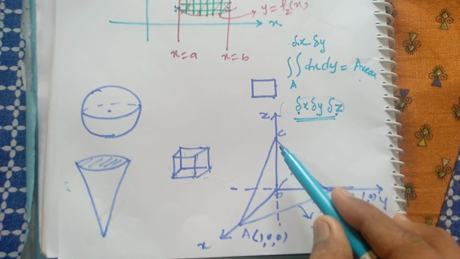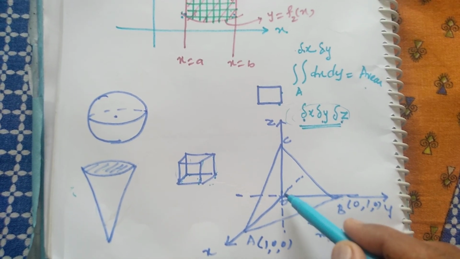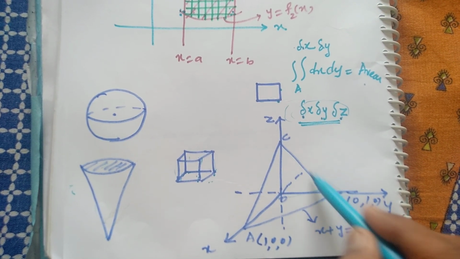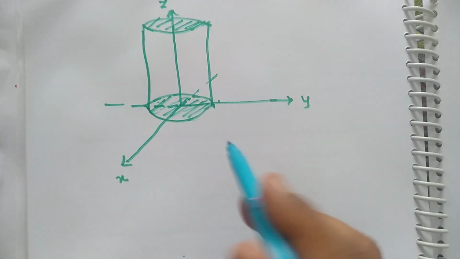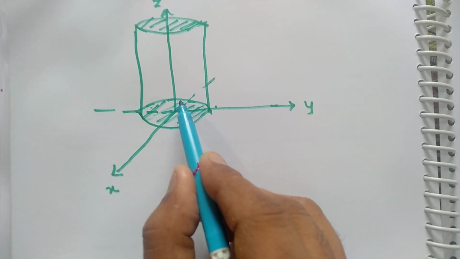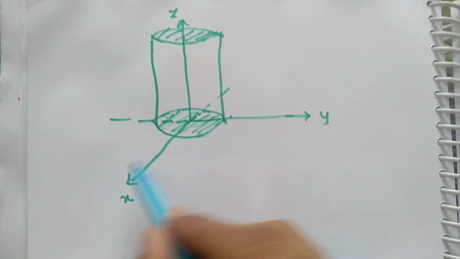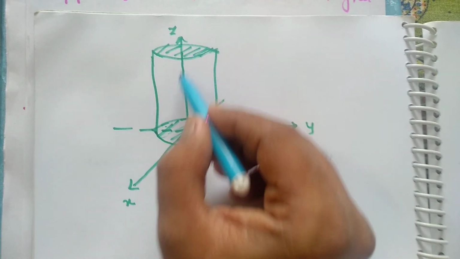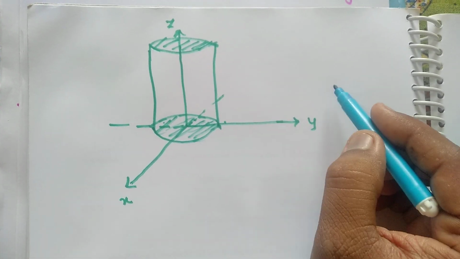But if you observe carefully, this is the first part of the surface, second part, third part, and this is the fourth part, so it is a tetrahedron. That volume we cannot find this way. But here we have a circle in the xy plane in two dimensions, and if you give height to that circle, it gives you a cylinder, and the volume bounded by the cylinder is pi r square h.